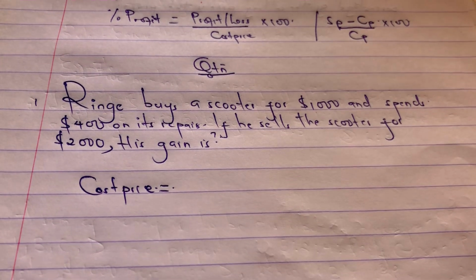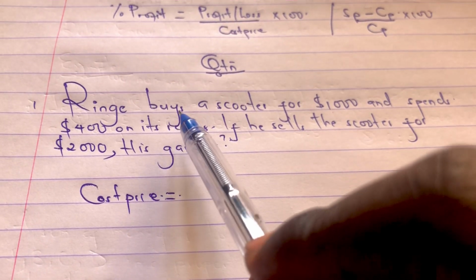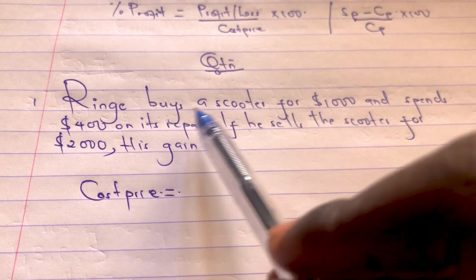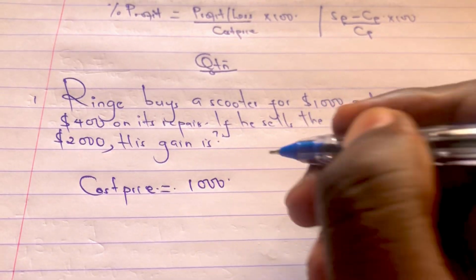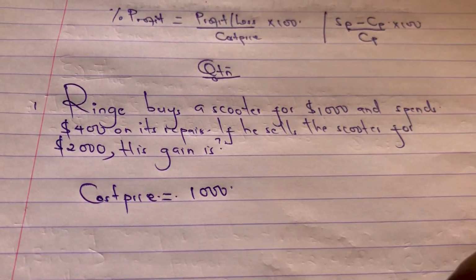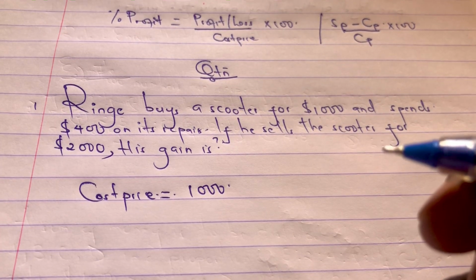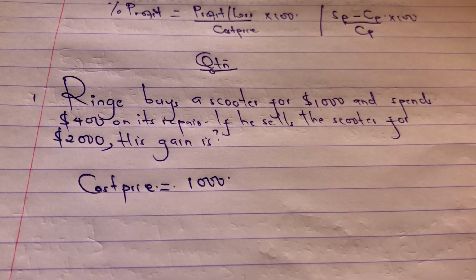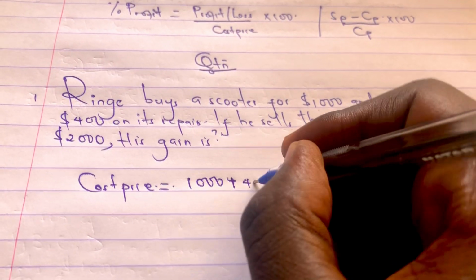Ringe buys a scooter at $1,000, so he bought it at $1,000 and spends this on repairs. So this amount he also spends on repairs, we calculate it to also get the actual cost because it's the money he's spending.